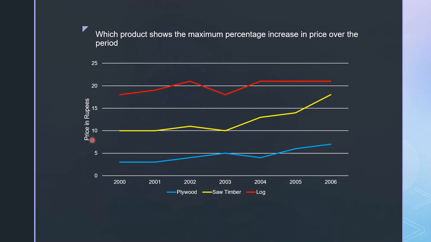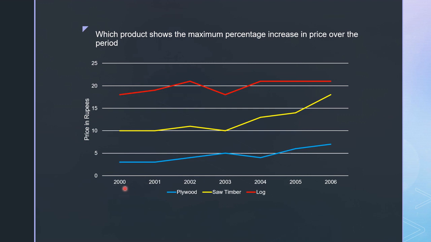And on the y-axis price in rupees has been allotted, right? The blue graph is for plywood, the yellow graph is for saw timber and the red graph is for log. So three line graphs have been placed in this line chart, right?